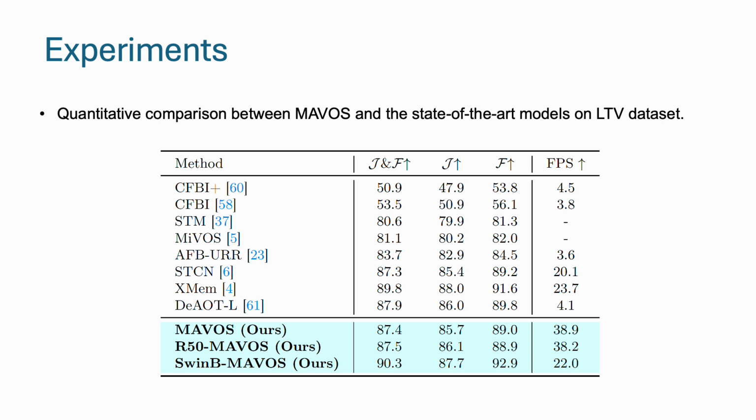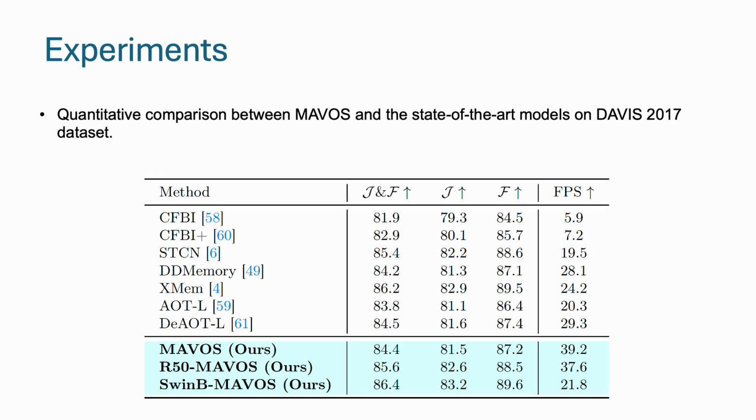In addition to LVOS, we compare our method with the current state-of-the-art models on LTV dataset. Among existing works, Eximium runs at 23.7 FPS with accuracy of 89.8%. Our method with SwinB achieves 90.3% while running at 22 FPS. To show that our method also performs well on short videos, we further report results on DAVIS dataset.